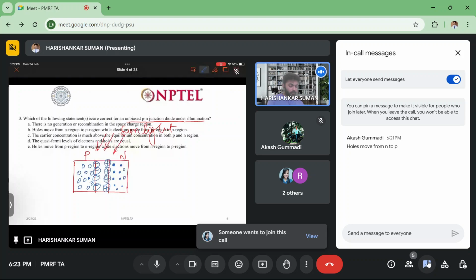This is PN junction. Now let's check these options. Holes move from N region to P region, or also move from P region to N region.